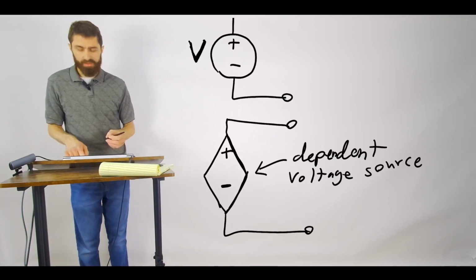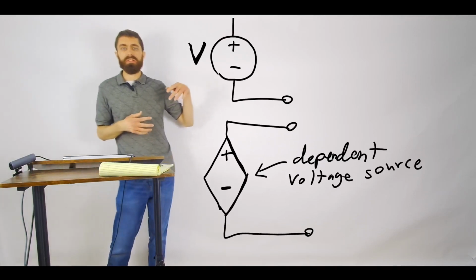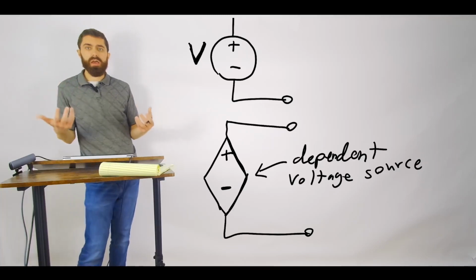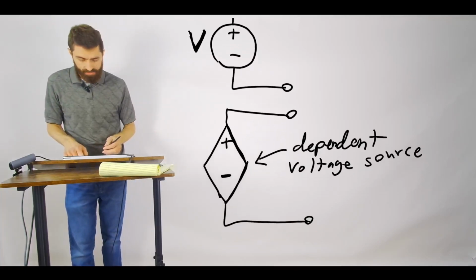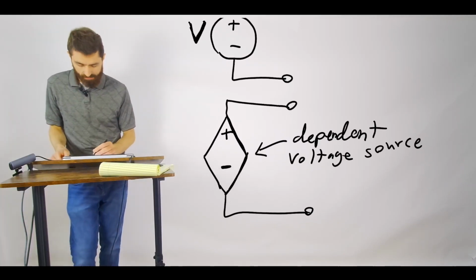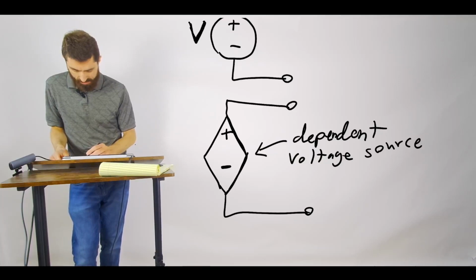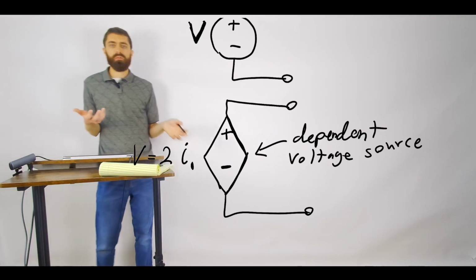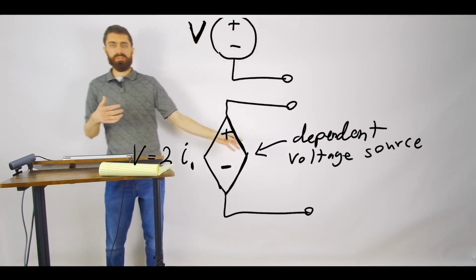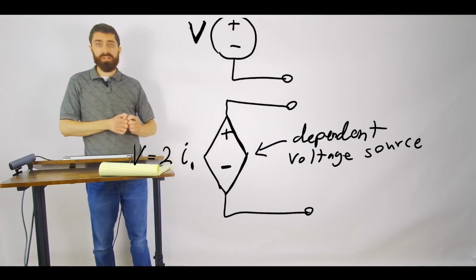It could be dependent on a different voltage in a different area of the circuit. It could be dependent on time. Generally, it's dependent on something else in the circuit. So, for example, we could say the voltage is equal to maybe 2 times I1 or something. And I1 would be some other current in some other circuit that's controlling this source. So you can change it essentially.